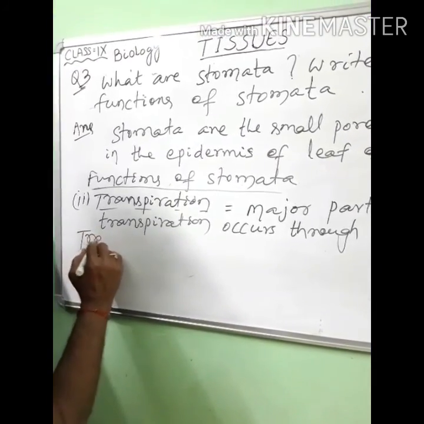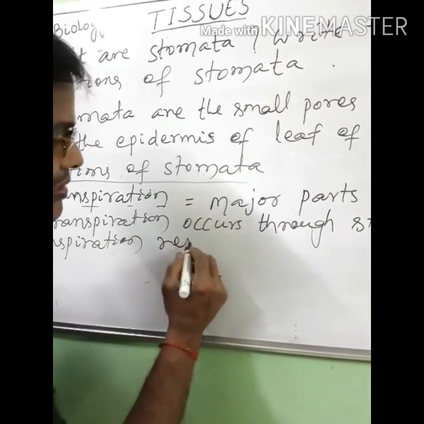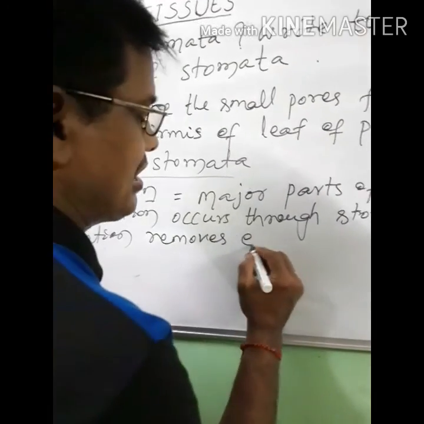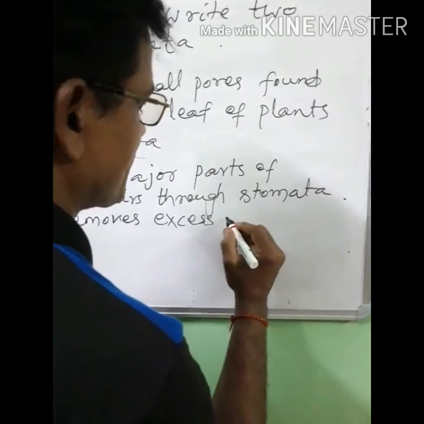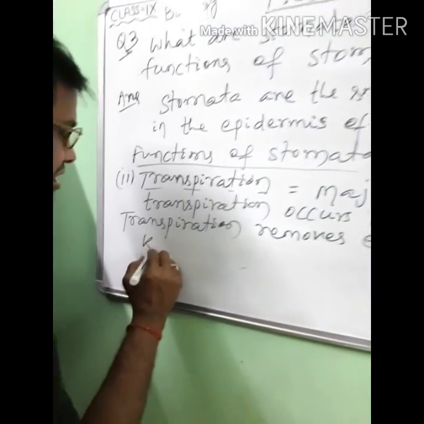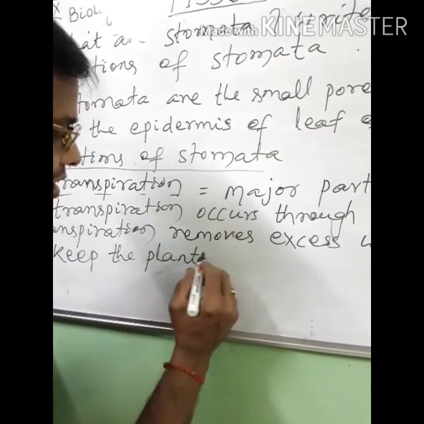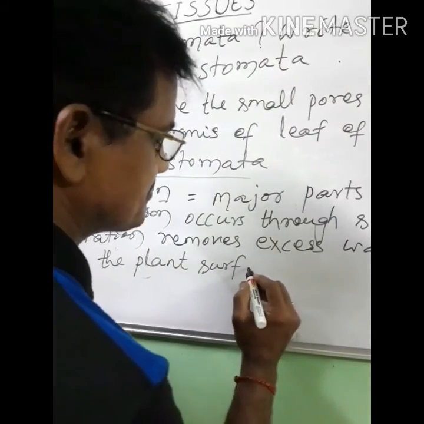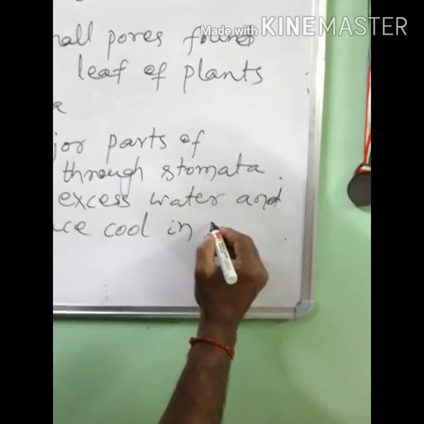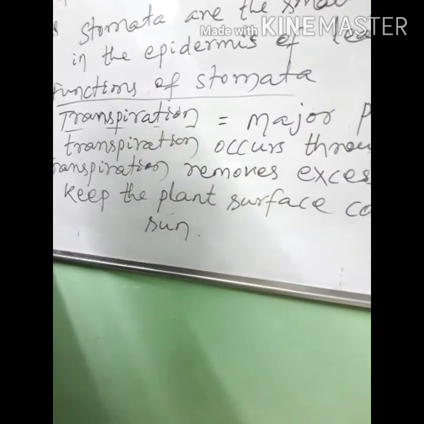Transpiration removes excess water and keeps the plant surface cool in bright sun.